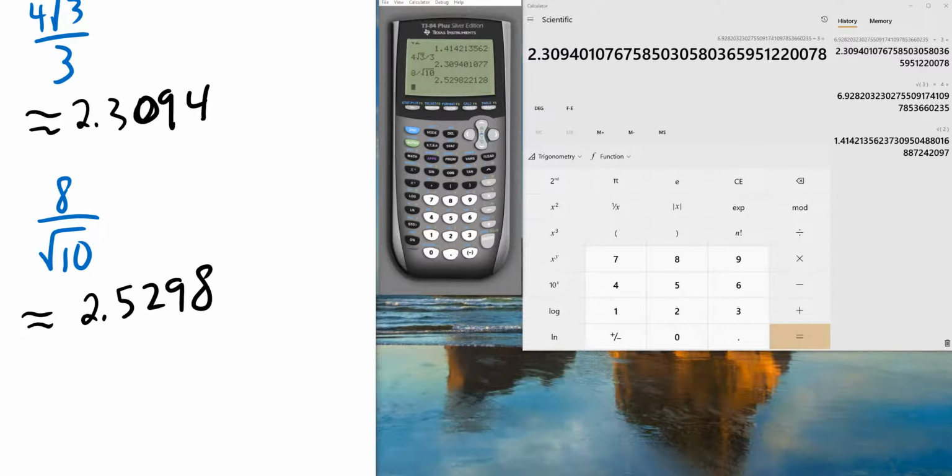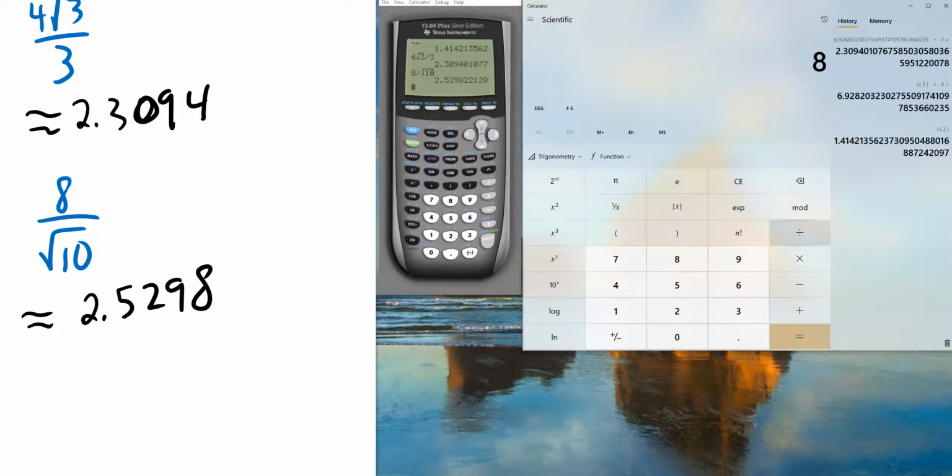Okay, so what about the other one? How are we going to calculate that? Let's try it. Maybe someone will say, okay, 8 divided by 10, and then we're going to go second square root.